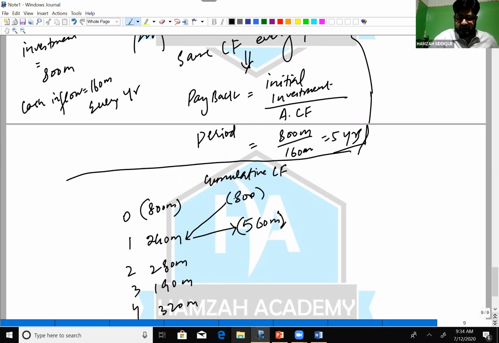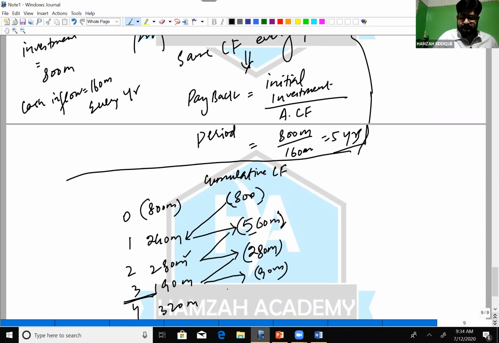Out of 800, 240 recovered, and then 280 recovered. So 280 million remaining. Out of 560, this recovered. Then 190 recovered. So 90 million remaining. It means 3 complete years.